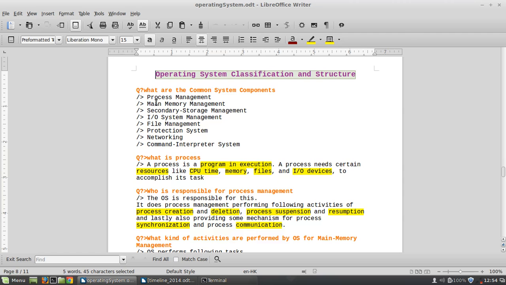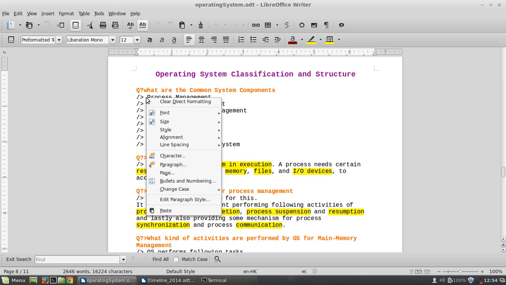So beginning with the question, what are the common system components? The system components in a computer system are process management, main memory management, secondary storage management, I/O system management, file management, protection system, networking, and command interpreter system.